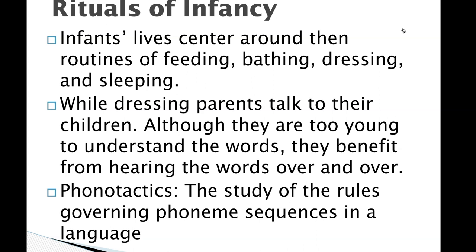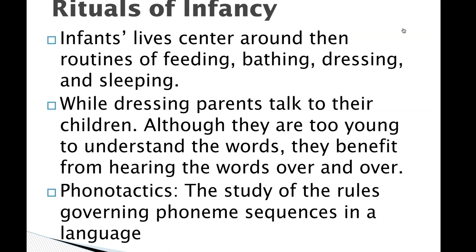And then related to this is the idea of phonotactics. Phonotactics is the study of the rules governing phoneme sequences in a language, right? So children start to be able to differentiate one word from another, partly because we have rules for what sounds we can use in different words, right? We can end words in RS.